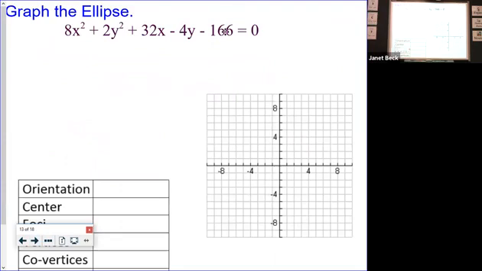So we're going to use the same concept that I explained when we did with a parabola. You look along your equation and you see what is being squared. Well, on an ellipse, you've got both x's and y's being squared.